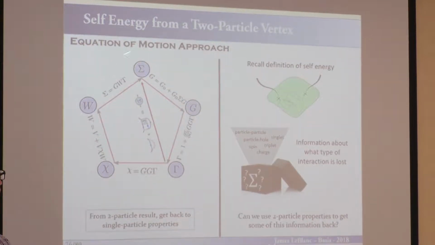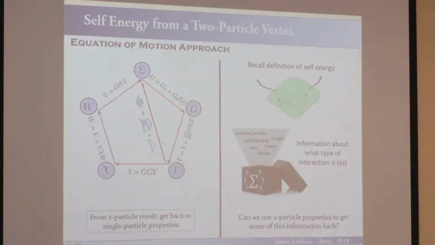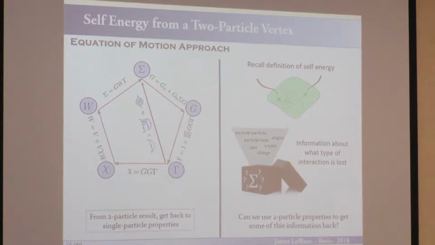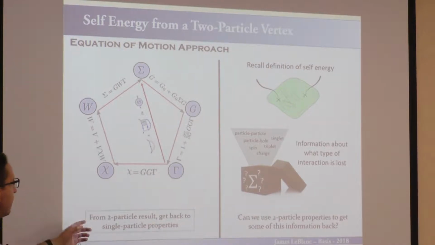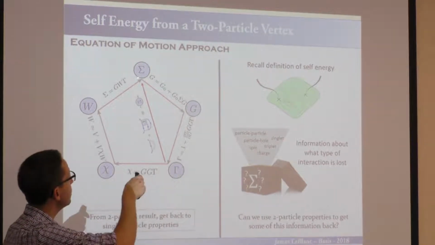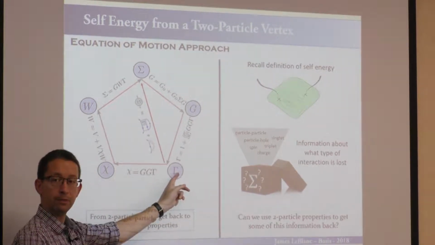And then we have an interesting tool set here, which were these Hedin equations. Okay? And what I want to particularly make reference to is the fact that we have Green's functions and self-energies, and then we have susceptibilities and vertex functions down here.